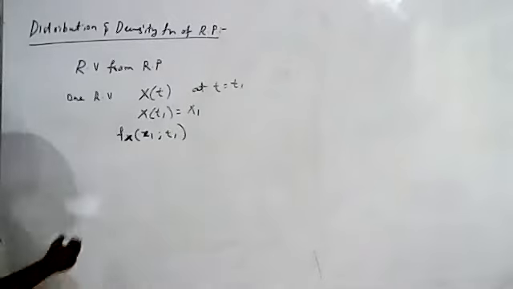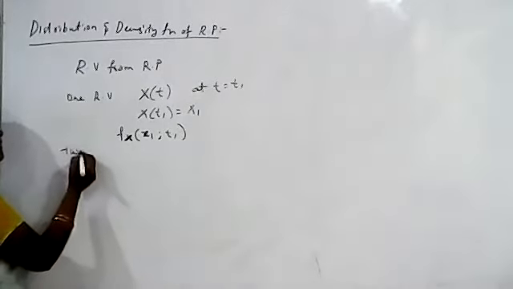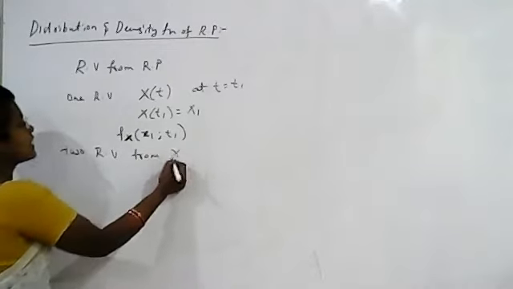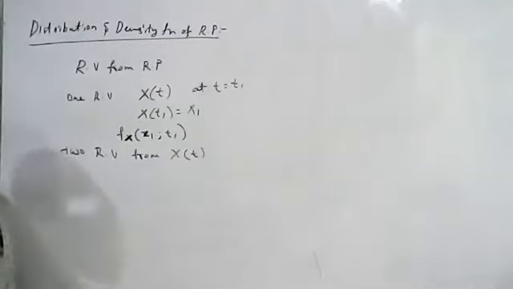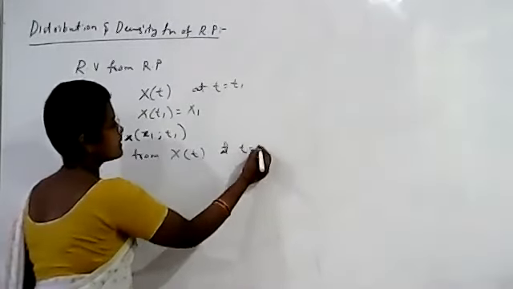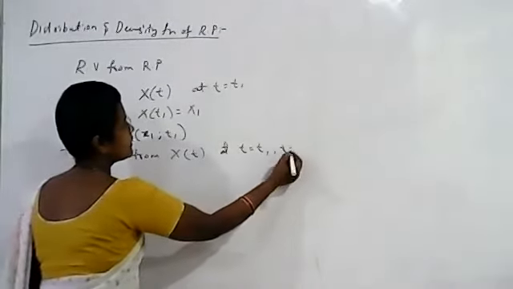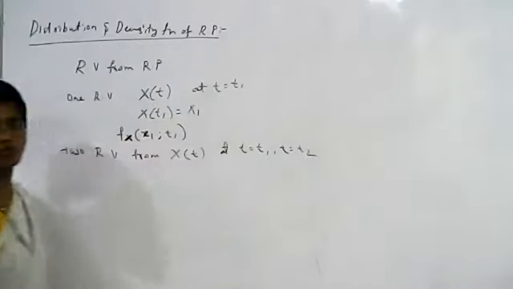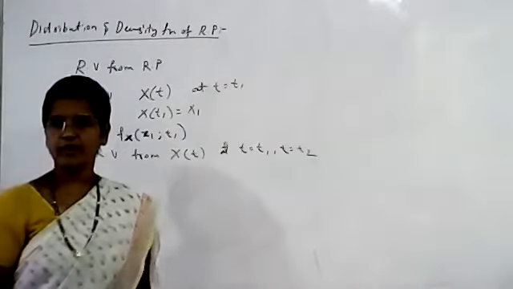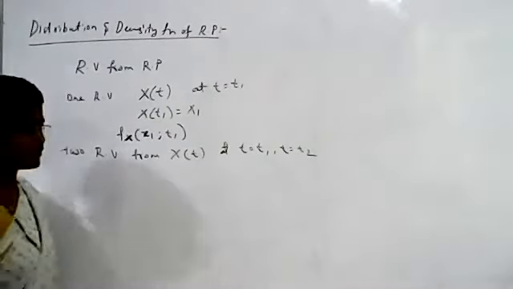Similarly, if we are obtaining two random variables from the random process X of t, what are the time instances here? t1, t2. t is equal to t1 and t2 are the two time instances where we are obtaining two random variables. So how do we write this?